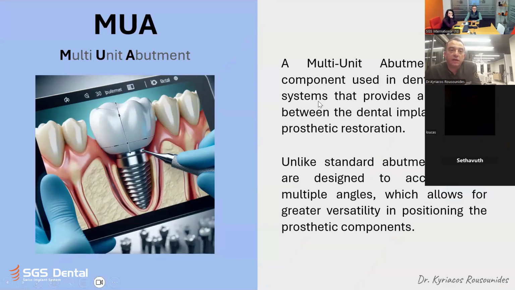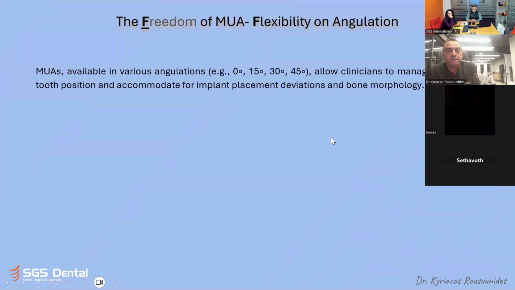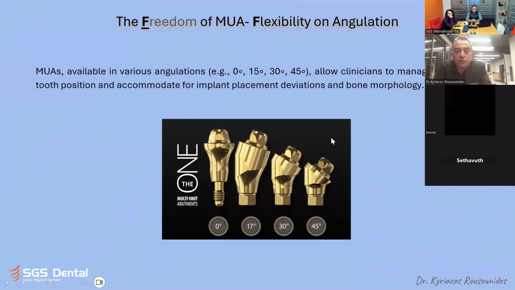Some general knowledge about the multi-unit abutments: it is the middle part that connects the implant with the crown. It is provided in different angulations, from straight, 0 degrees, 17 degrees, 30 and 45 degrees, and different heights.